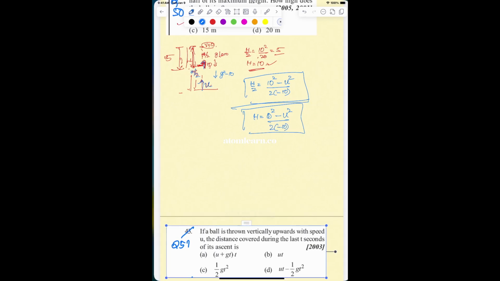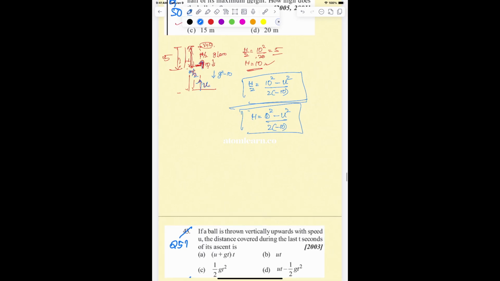Okay, fine. We had to eliminate the u square, right? Therefore this is becoming minus 2. Therefore divide this, and what you are getting is 10 squared minus u squared by minus u squared equal to 1 by 2.